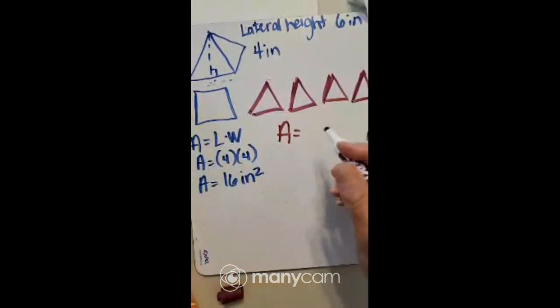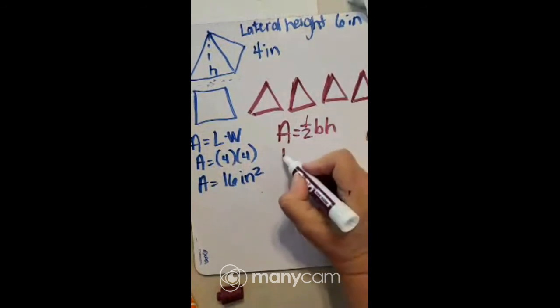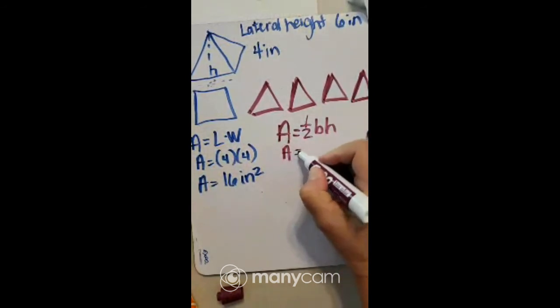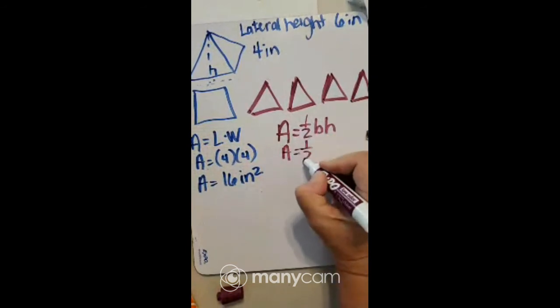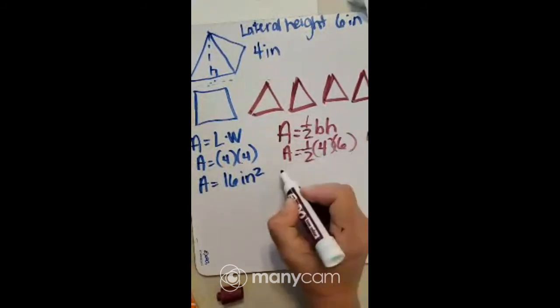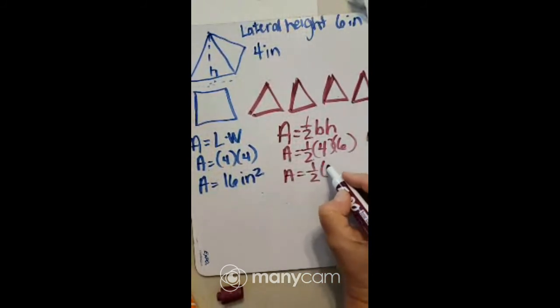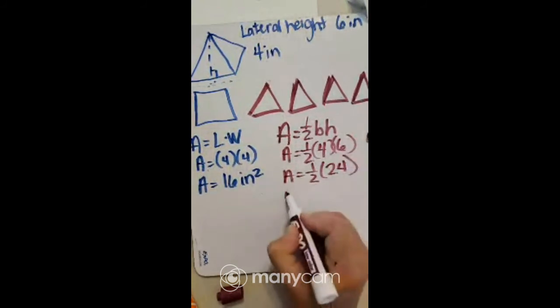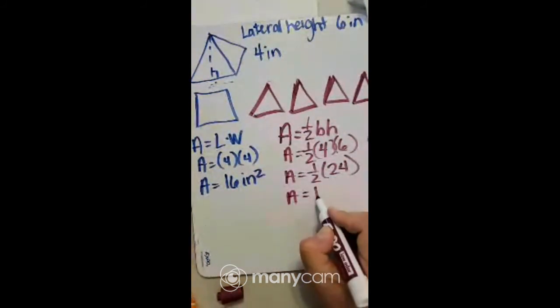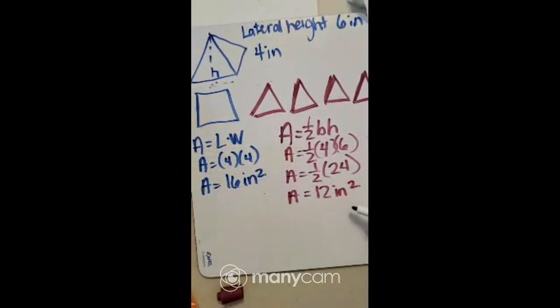The area of my triangle is 1/2 base times height. The base is 4, and my lateral height is 6. Area equals 1/2 of 4 times 6, which is 24. Area equals 12 inches squared.